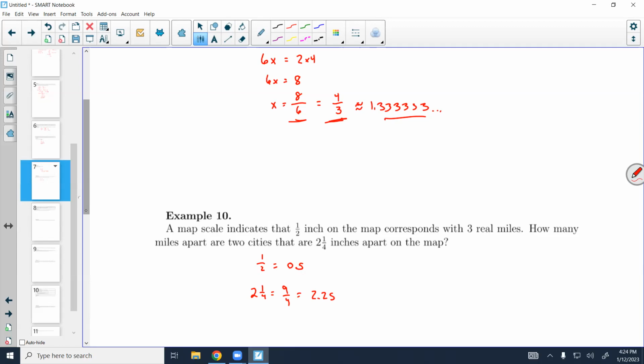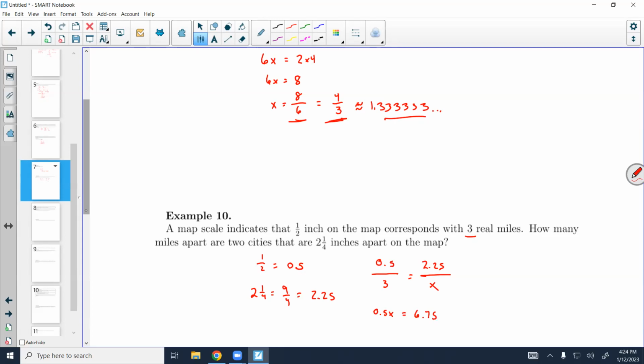So then 1/2 inch corresponds to 3 miles. So 0.5 is to 3 as 2.25 is to our unknown x. So we cross multiply, we get 0.5x equals 6.75.